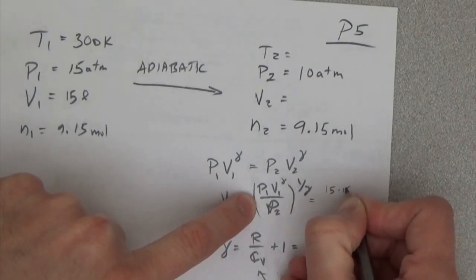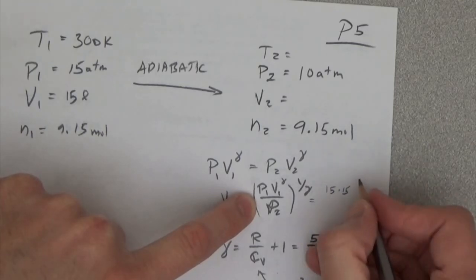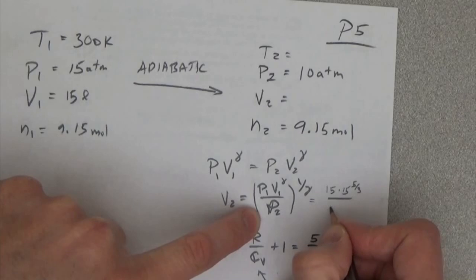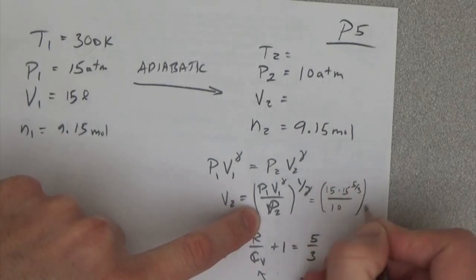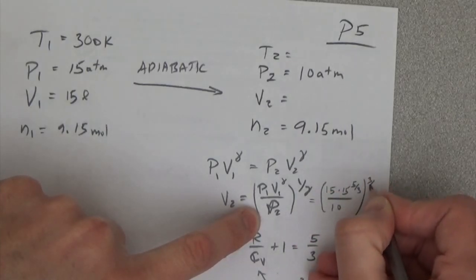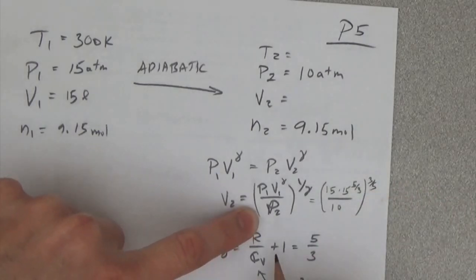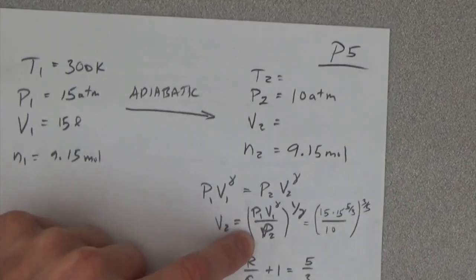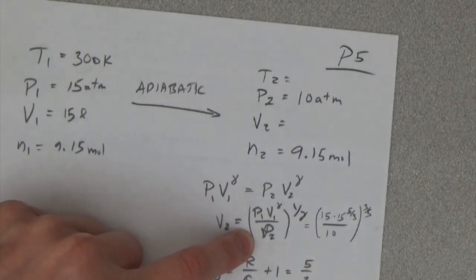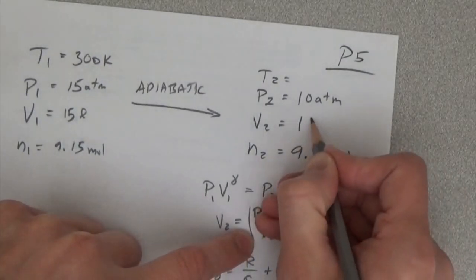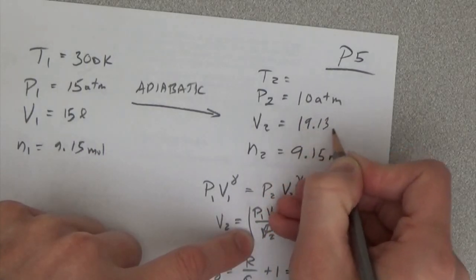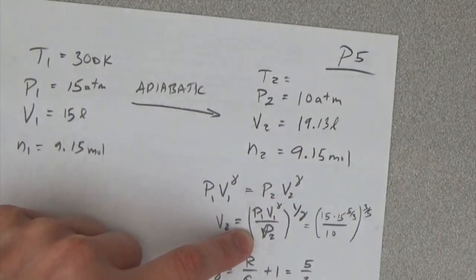15 times 15 to the 5/3 over 10, all raised to the 3/5, which gives us a volume of 19.13 liters.